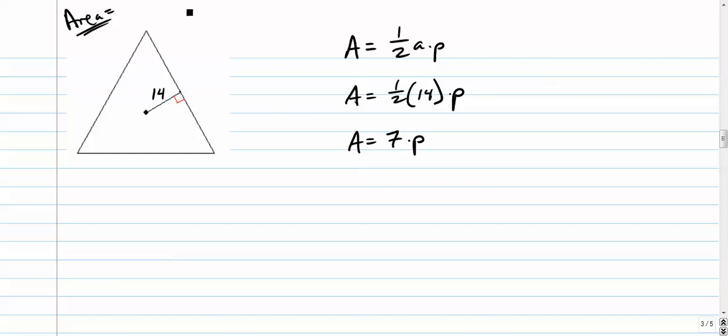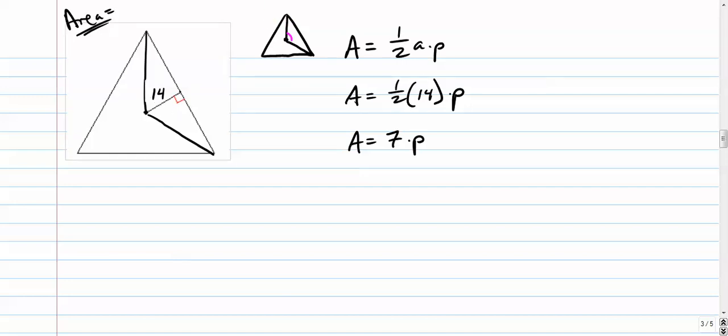So here we go. Again, what I want to do is think about this triangle as having 120 degrees right there. Right? If you wanted to separate that, you can see it a little bit easier. The central angle of a regular triangle is 120. It's 360 over 3.